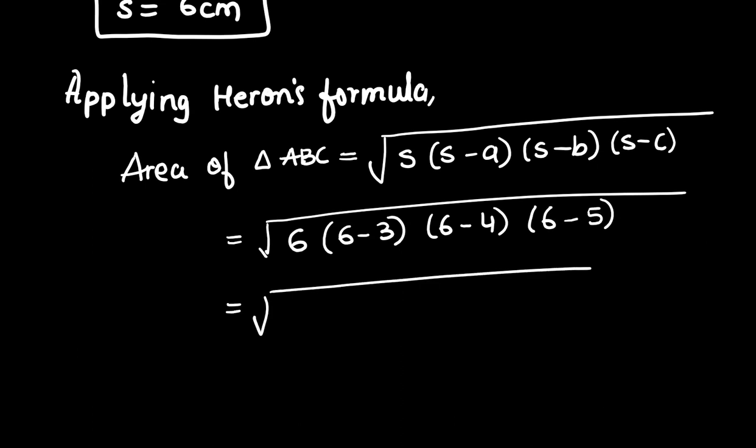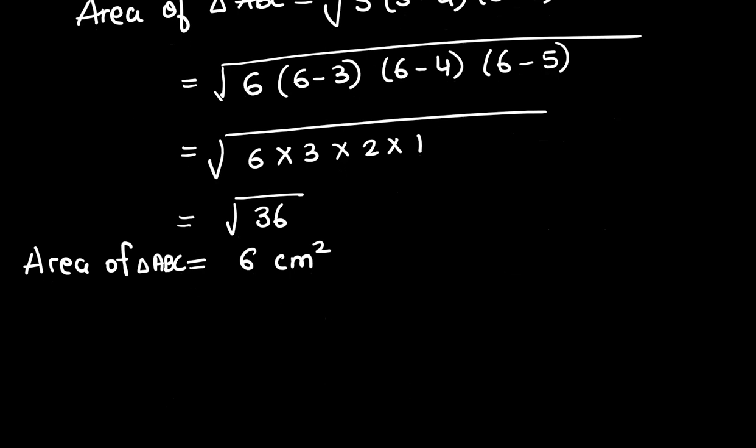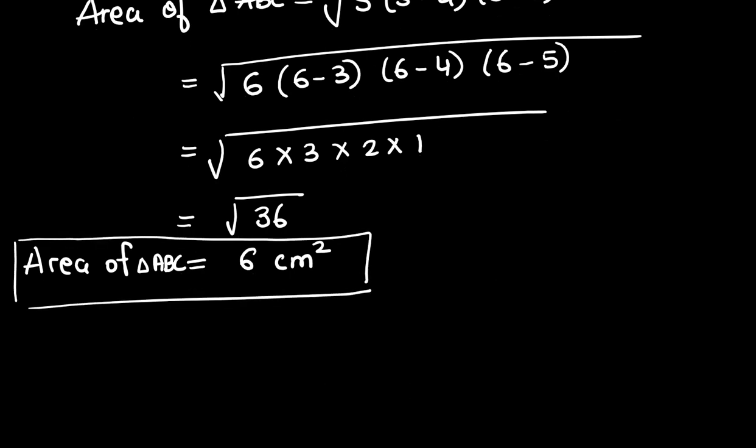So 6 into 3 into 2 into 1, so that is going to be root 36, and 36 we know is 6 centimeter square. As we are finding area, it will be centimeter square. Area of triangle ABC. So we'll highlight this.